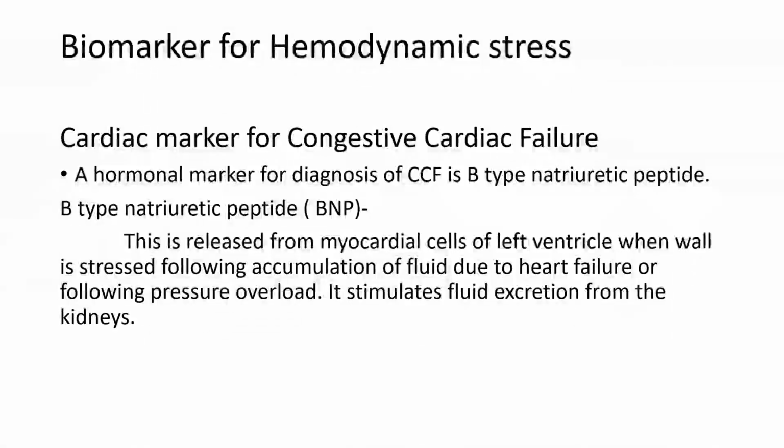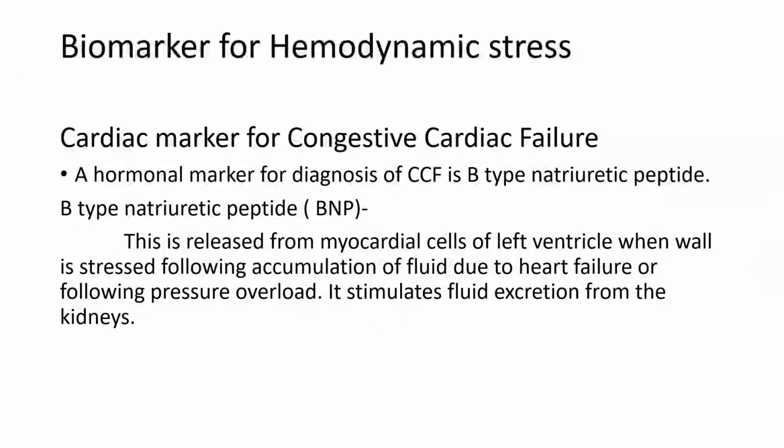Next, we come to biomarkers for hemodynamic stress. For hemodynamic stress, we will see the cardiac marker for congestive cardiac failure. The markers for hemodynamic stress are the natriuretic peptides, which are substances responsible for salt and water homeostasis in the body.